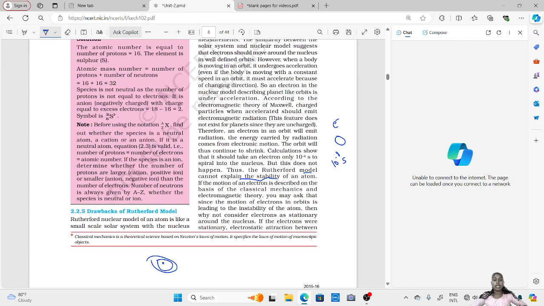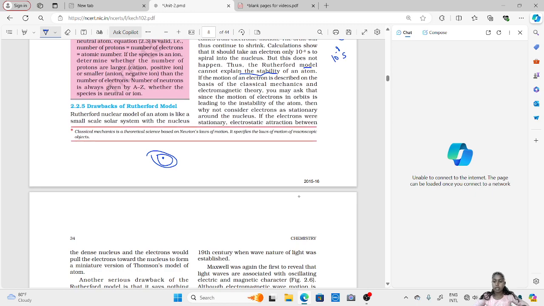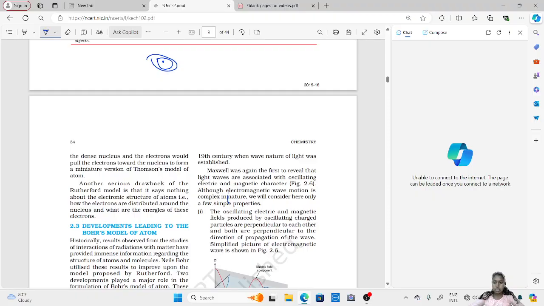If we delete the part that electrons are moving around in an orbit and just say they are present stationary, not moving, then according to classical mechanics and electromagnetic theory, you can consider it a perfect model. If the electrons were stationary, electrostatic attraction between the dense nucleus and the electrons would pull the electrons towards the nucleus to form a miniature version of Thomson's model of the atom.